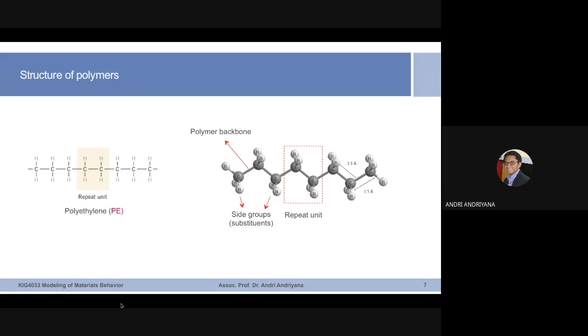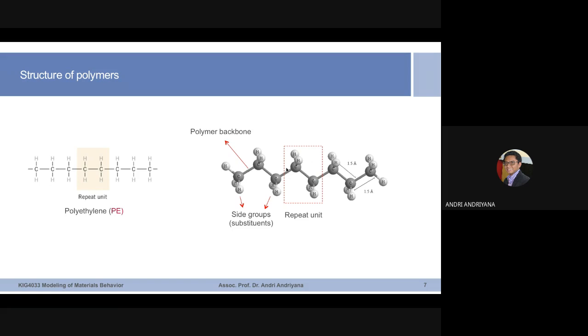Okay, so you have here the main chain of carbon-carbon, which is typically called the polymer backbone. Between the carbon-carbon, there are strong covalent bonds. And you have learned in material science that covalent bonding is directional in nature, which means that there are specific angle orientations in which the bonding will be oriented.